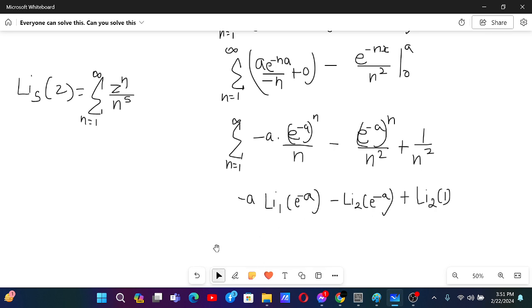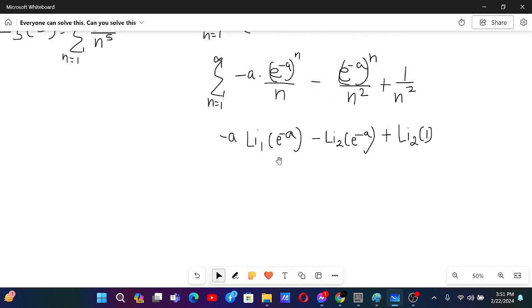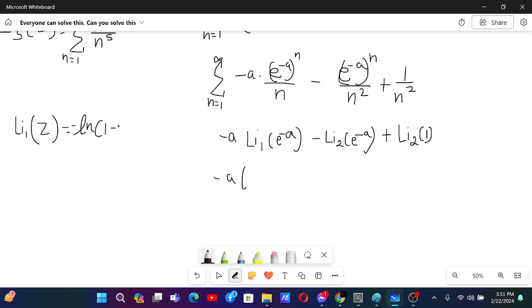Now we know that Li1 of some g is just minus ln of 1 minus g, and also Lis of 1 is just Riemann zeta of s. So we will use these two properties.